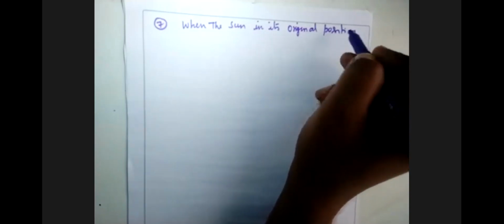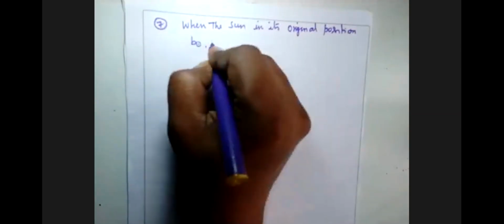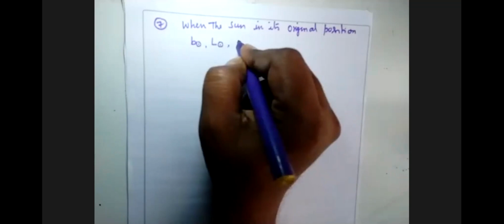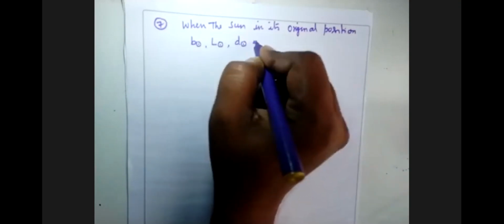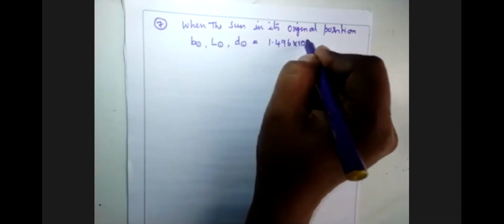When the sun is in its original position, the parameters are brightness B naught, luminosity L naught, and its distance from the earth D naught, which is given as 1.496 into 10 to the power of 8 kilometers, or this is equal to 1.496 into 10 to the power of 11 meters.